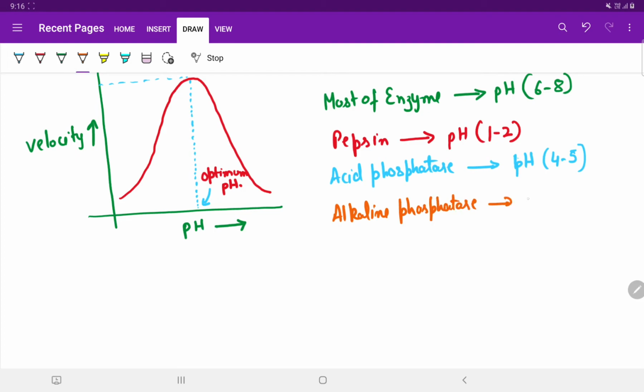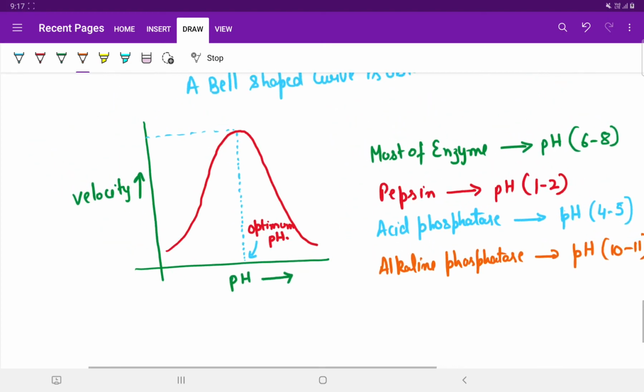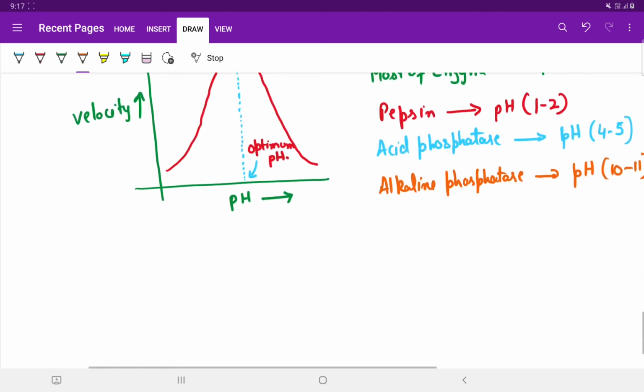They usually work around pH values of 10 to 11. The hydrogen ion influences the enzyme activity by altering the ionic charge on the amino acids, particularly at the active site, the substrate and the enzyme substrate complex. So, this was regarding the effect of pH.